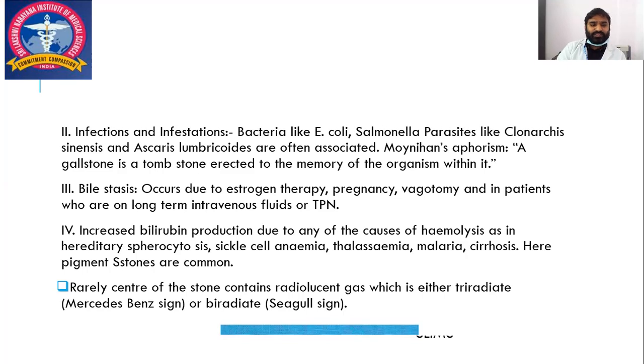The other pathogenetic factors are infection and infestations. Bacteria like E. coli and Salmonella, and parasites like clonorchis and ascariasis are often associated.